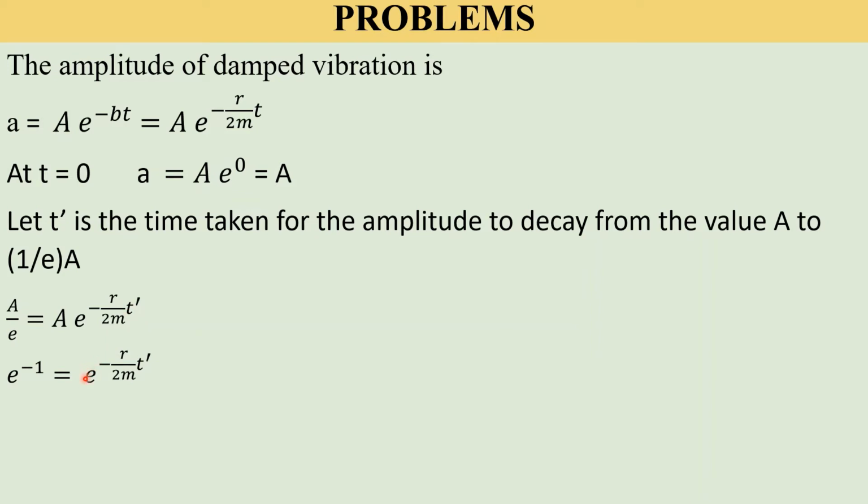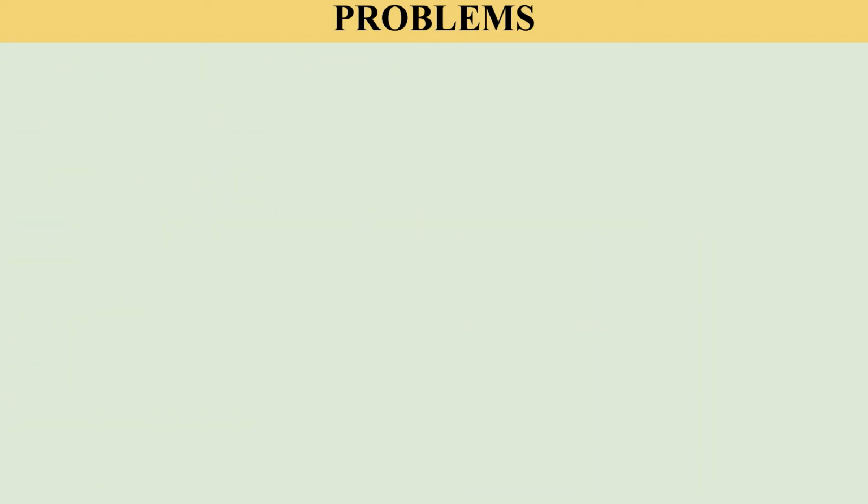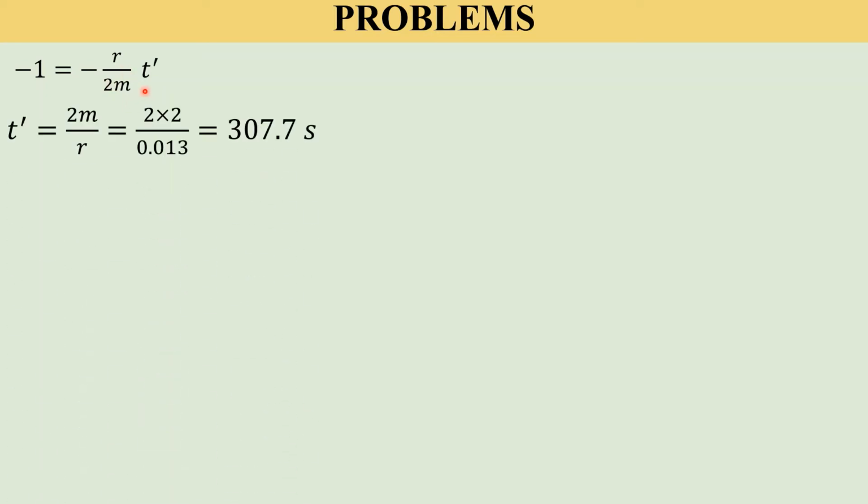Since the bases are same, minus 1 is equal to minus r by 2m t dash, or t dash is equal to 2m divided by r.